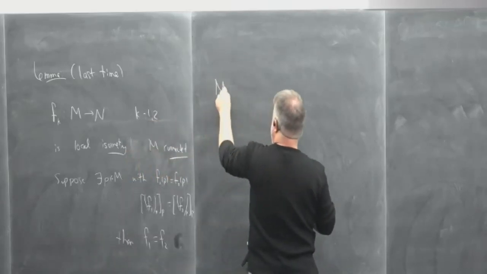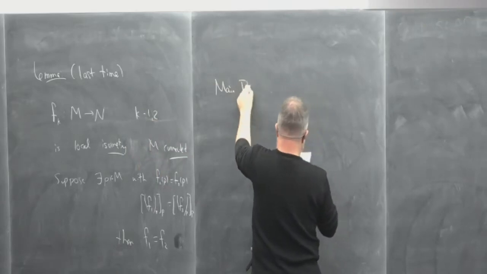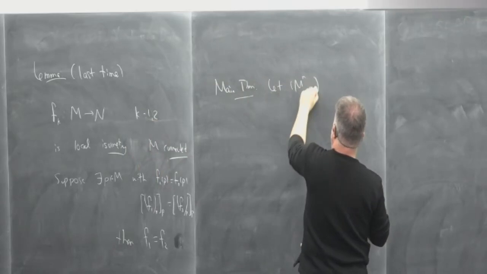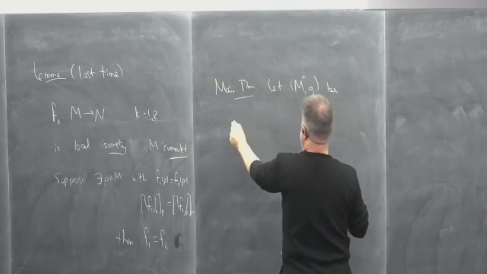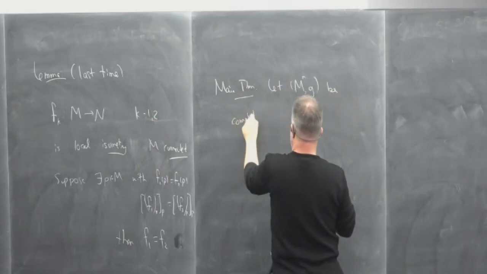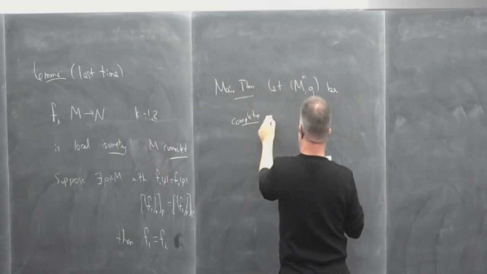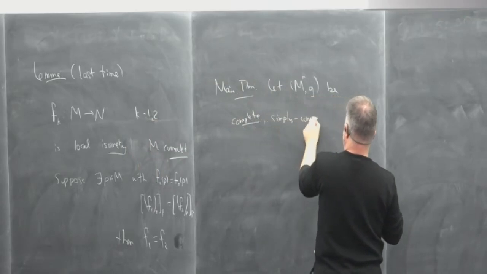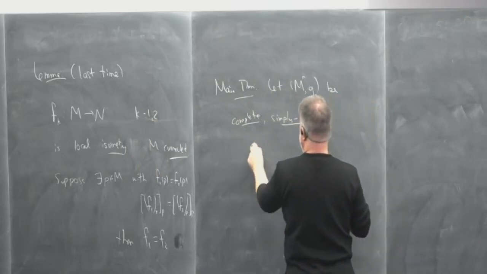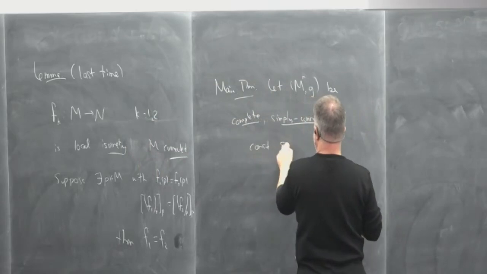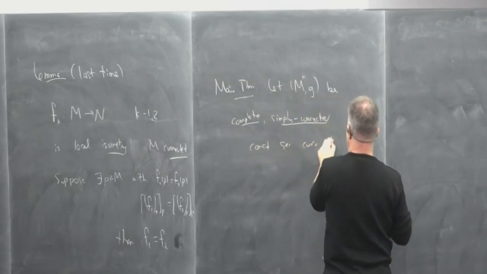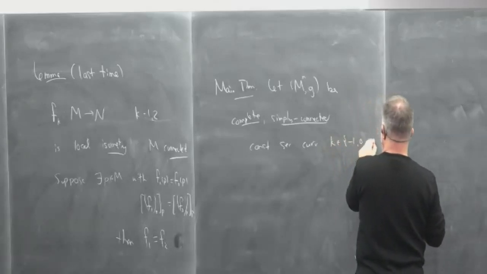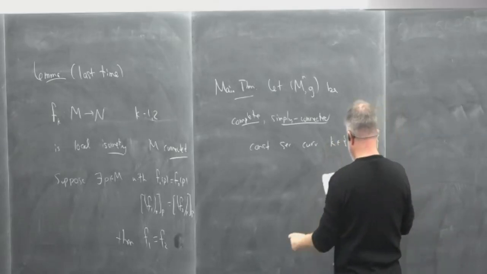So now this is the main theorem of this section. Let M be complete and simply connected and have constant sectional curvature K, which remember by rescaling, we can without loss of generality assume is -1, 0, or 1.